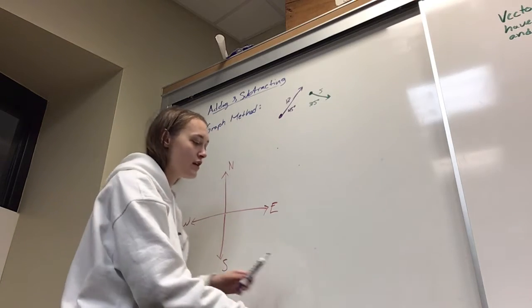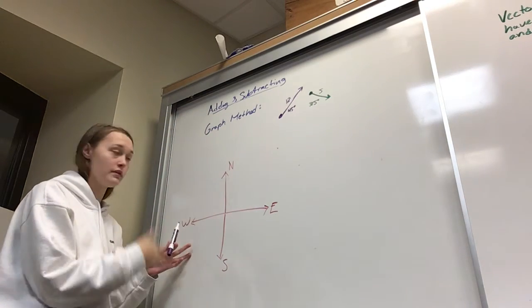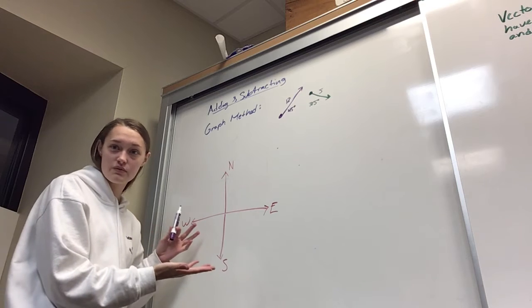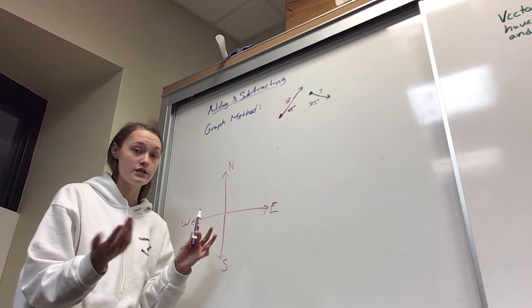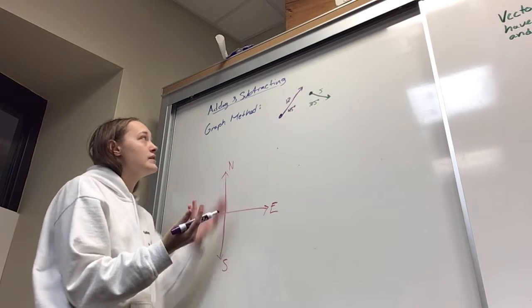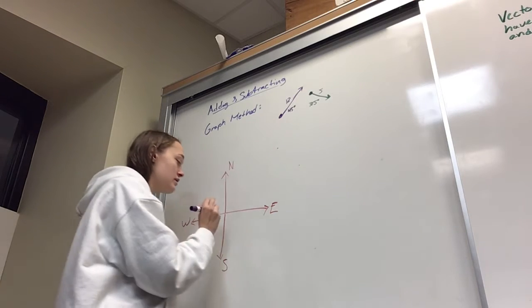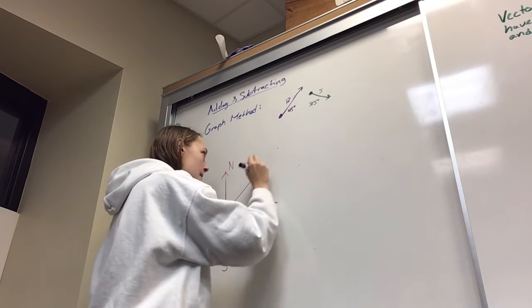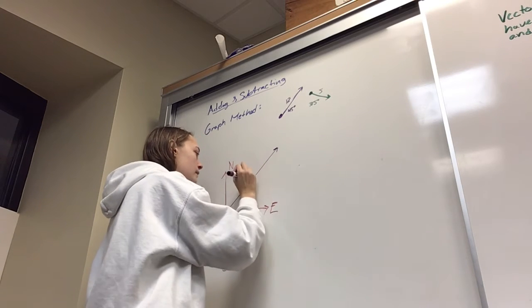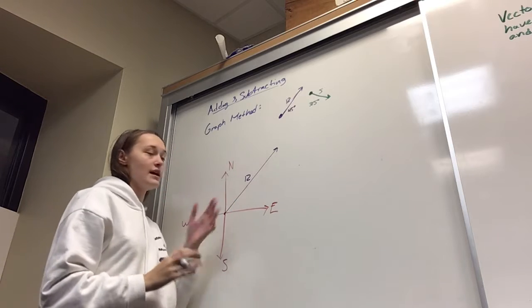So if we take a graph, we have this normal graph right here. It's an XY plane. It's also north, south, east, and west, just so we can figure out our direction better. So if we take our first vector and we start at the origin, and we go 12 units at 45 degrees, then that's our first vector.